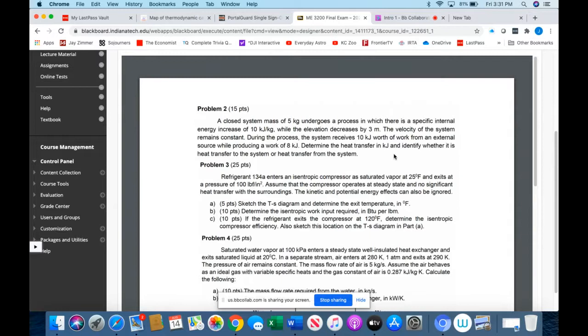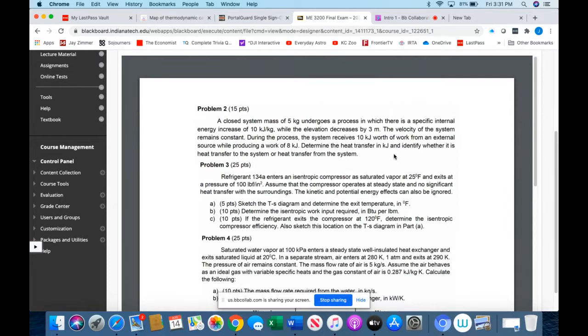So this particular problem is simply a first law problem on a fixed mass system. What's happening here is internal energy is increasing, and then there are contributions due to work to the system.